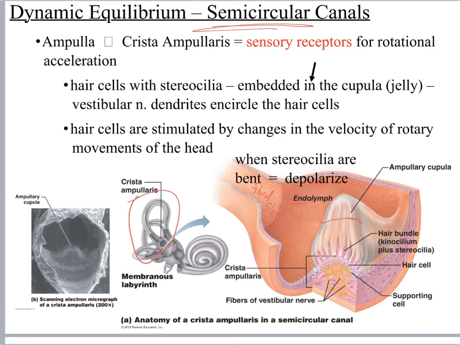And that causes these hairs to go back and forth, bending the stereocilia, triggering mechanical gate changes, opening them up to release neurotransmitters, to then potentially depolarize the vestibular nerve right here. Okay? So remember, semicircular canals, this is dynamic equilibrium, which is going to be rotation of the head.